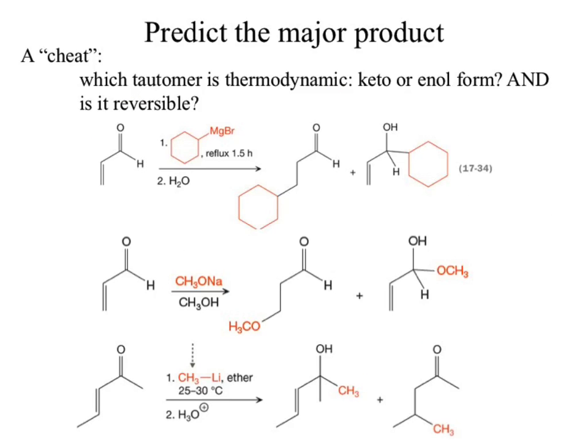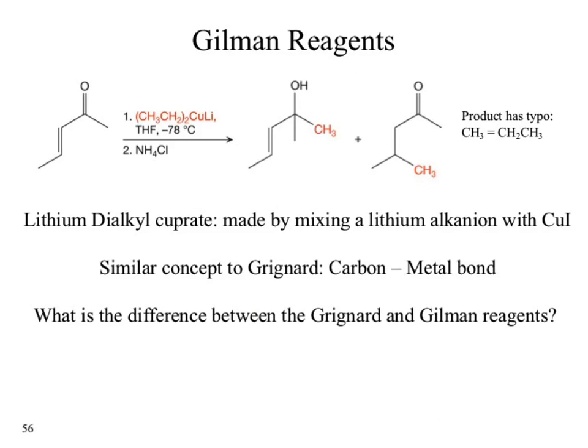Now that we know the product we get is the 1,4, how can we go back and rationalize why that organocopper lithium reagent is reversible?